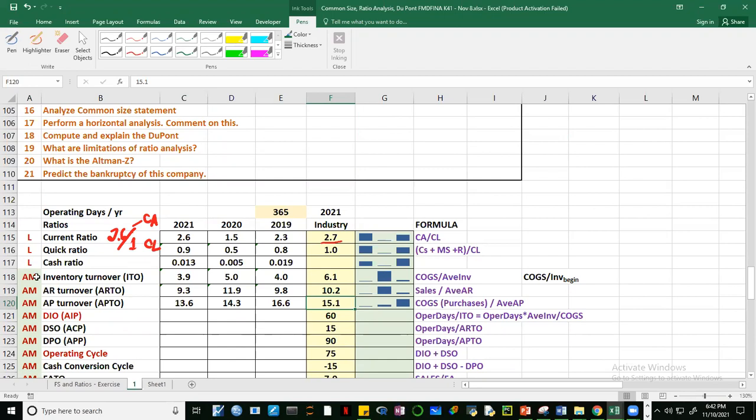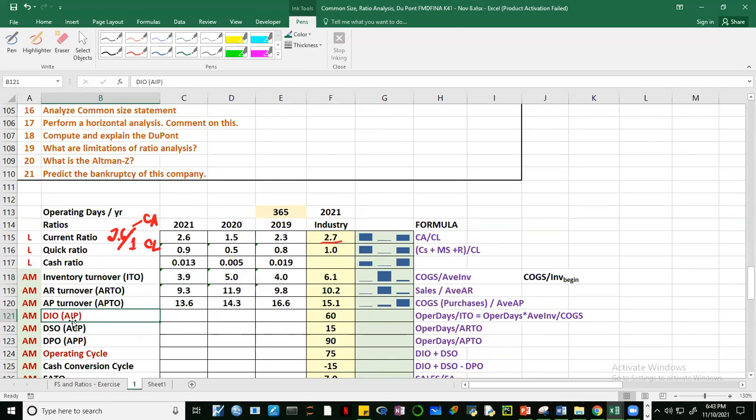Okay. Now, itong mga to, guys, yung ITO, RTO, APTO, there's another way to look at this. Okay? So see, inventory turnover, kapatid yan yung DIO, yung days inventory outstanding.